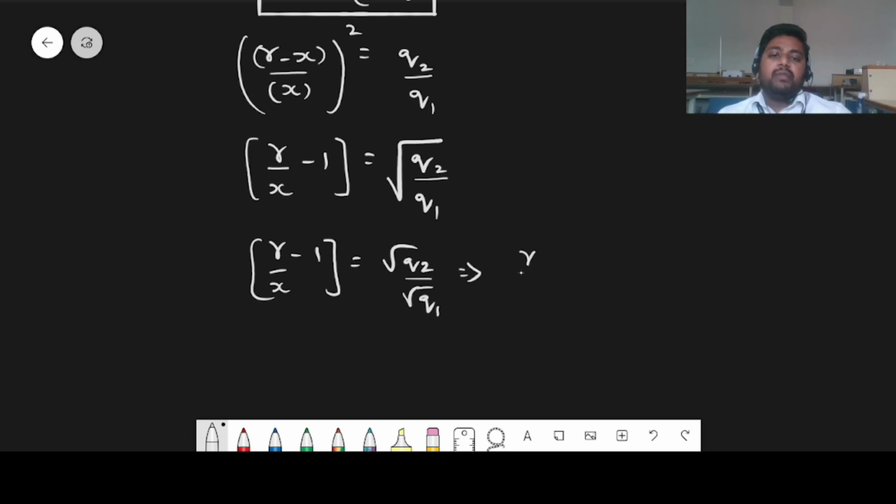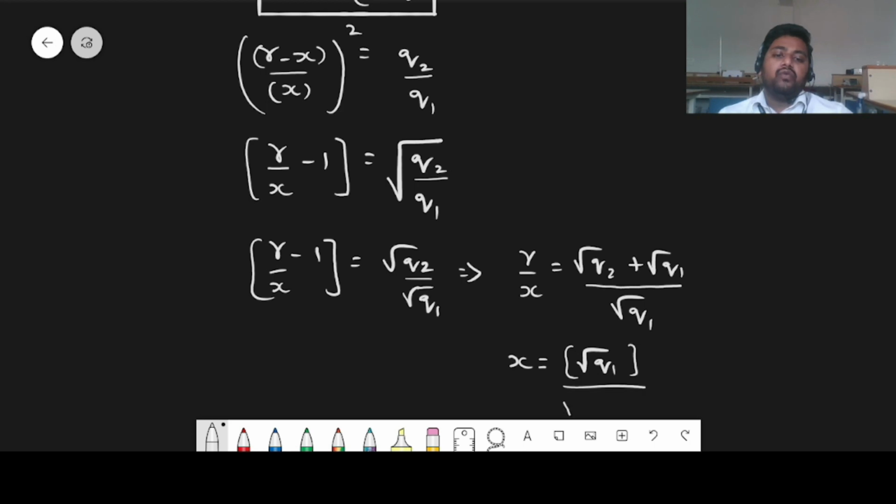Further, R by X can be written as root Q2 plus root Q1 divided by root Q1, when we are taking the LCM of it. So further, X can be written as root Q1 divided by root Q2 plus root Q1, multiplied by R. Sorry, not 1 by R, multiplied by R. This is how we can write the equation of it. Root Q1, we are just cross multiplying it, all the terms are coming here.